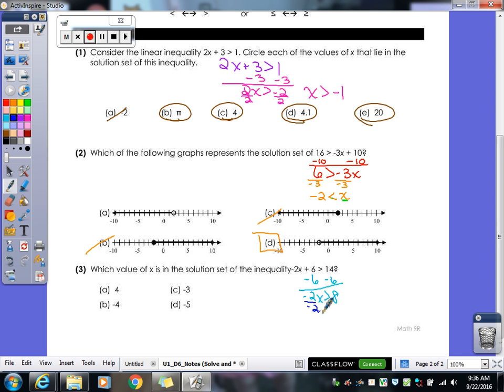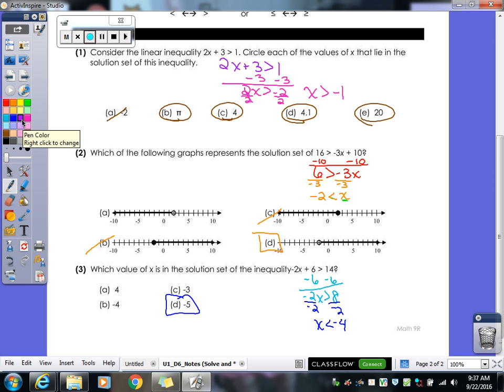Negative 2. So therefore, what happens to our inequality? Changes to less than, but it does flip. Yep. So x is less than negative 4. So what's our answer? Is negative 3 less than negative 4? Negative 5 would be less than negative 4.